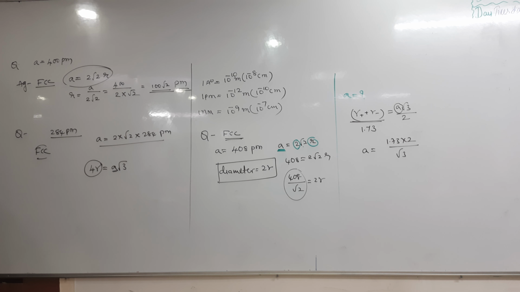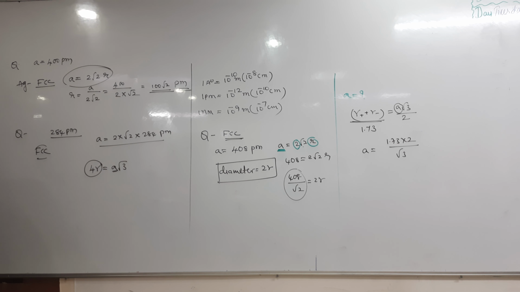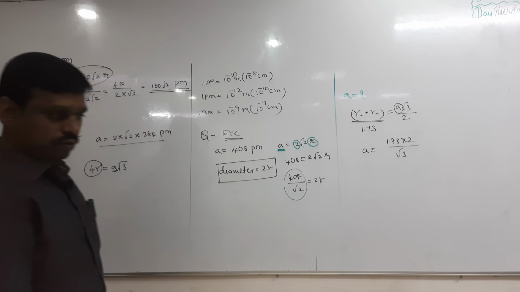So almost all questions are covered. One more last question. The edge length of cubic unit cell is 400 picometer. Its face diagonal would be how much?